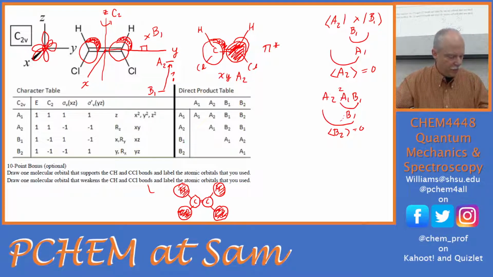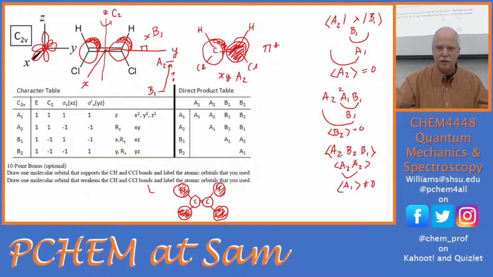And then for the y polarized light, we have A2, B2, B1. B2 times B1 gives A2. Woohoo! We got it. Because then we have A2 times A2, that gives A1. Not equal to 0, so y polarized light is allowed.